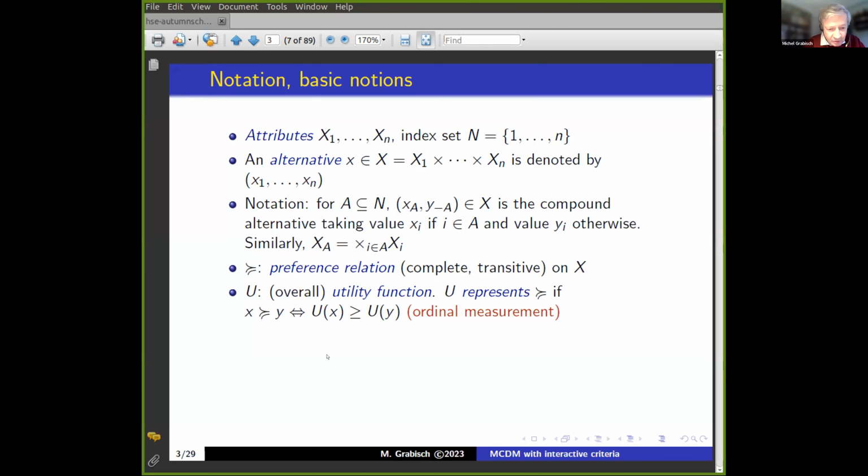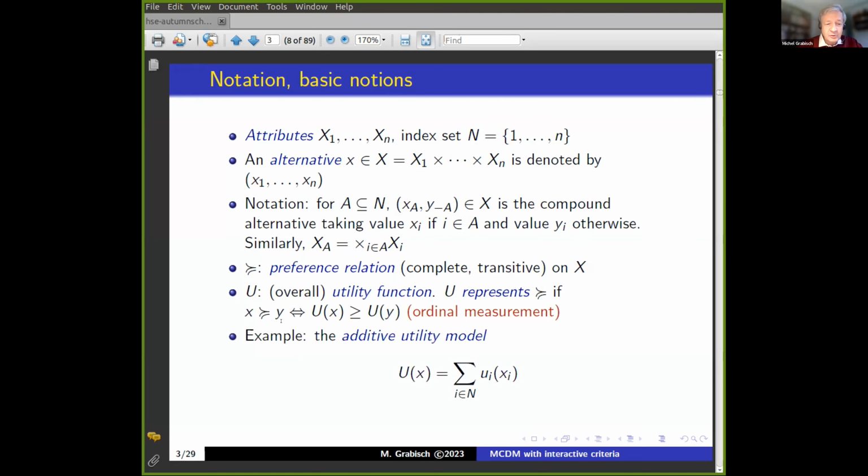We call this ordinal measurement because we measure something, so we transform abstract objects into numbers. This is measurement. And ordinal because we just take into account an order. So we order the objects and then we give a number to them.